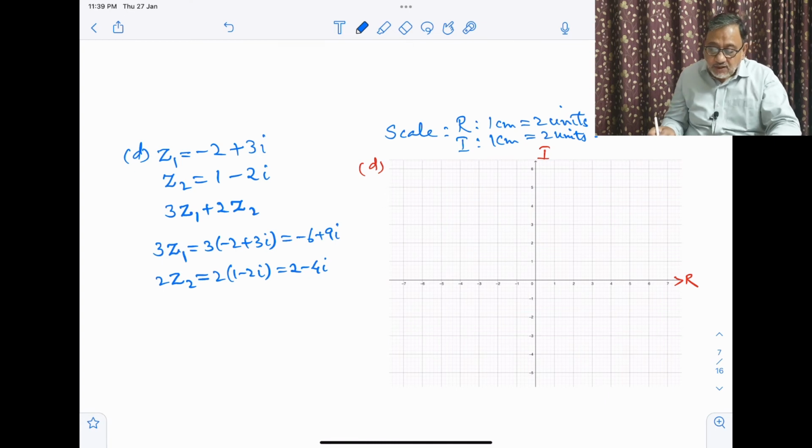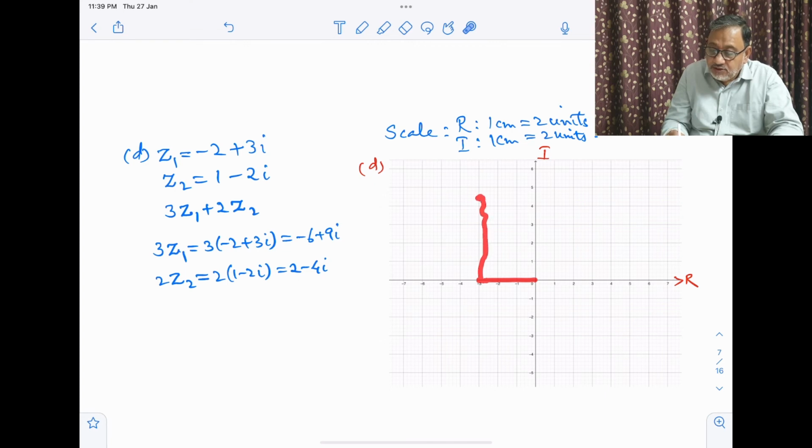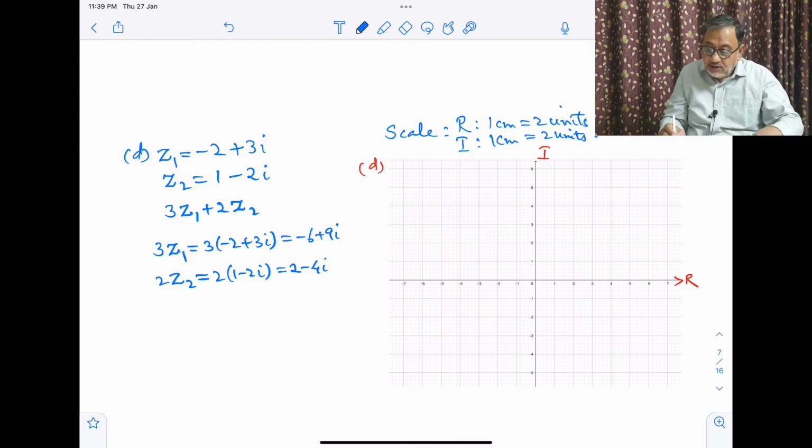Then look here. Minus 6 plus 9i. Minus 6 means in the negative direction 3, because we have taken 2 units for 1 centimeter. So here I have minus 6 and plus 9. Plus 9 means half of 9, 4.5, which will be somewhere here in the middle. So that is my point: minus 3 and 4.5.